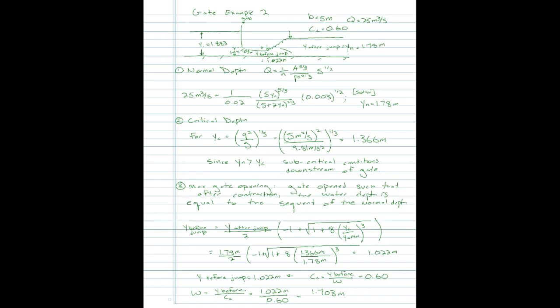If the gate is open more than that, it's going to cause the hydraulic jump to move to the left, and it will drown, because opening the gate higher draws the jump nearer to the gate, and the capacity of the channel is less than the capacity of the gate. But if we close the gate more, then that will cause the jump to run away, and the reason is that the water would need to gradually vary prior to the jump so that its before-jump depth would be bigger. So that is the conclusion of gate example number 2.